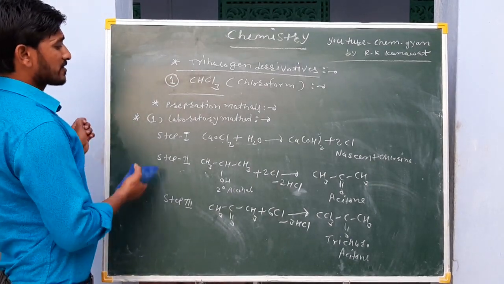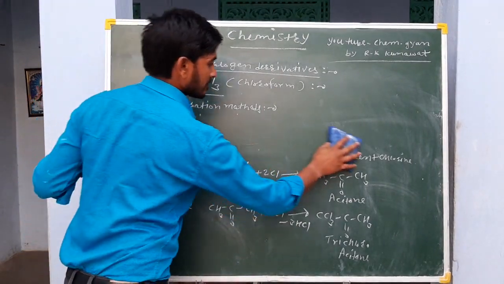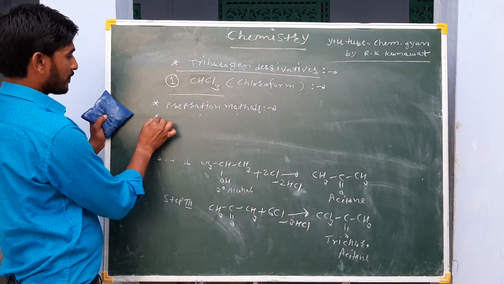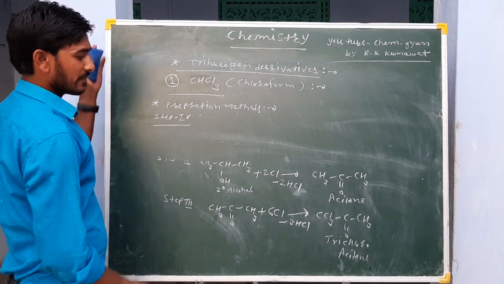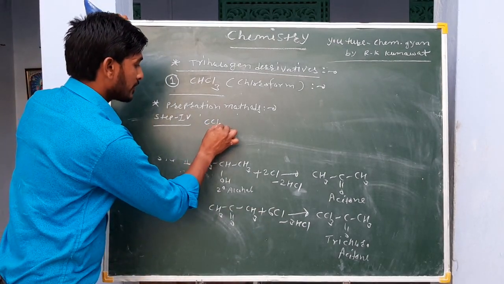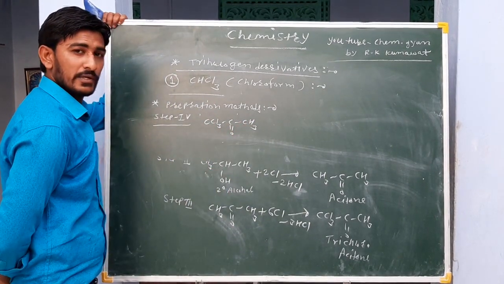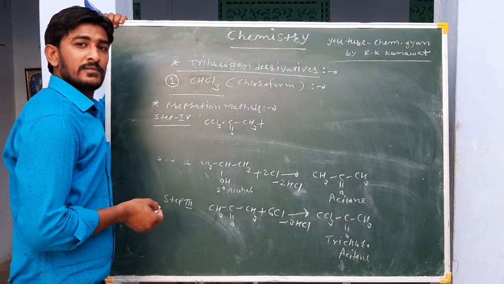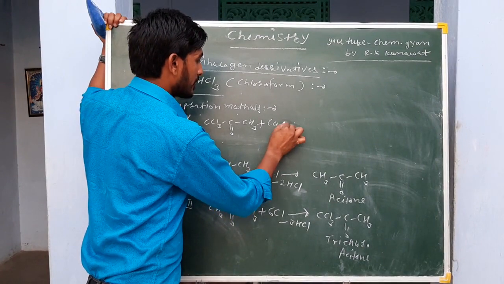Dear students, the last step of the laboratory method is step number 4. Trichloroacetone is used in this step and reacts with calcium hydroxide molecule.